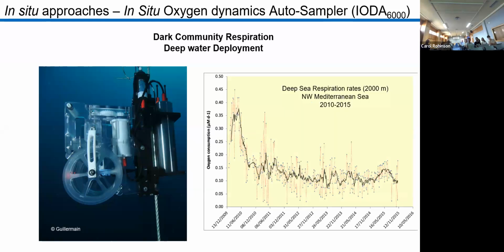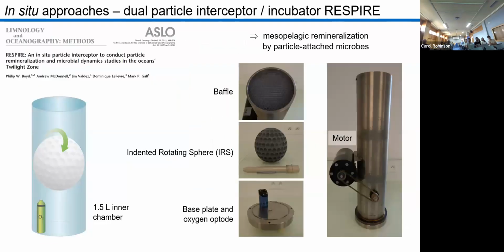And that's the illustration of the derived rate of oxygen consumption at 2,000 meters, working for 5 years. You can see there is variability, but it's pretty constant at about 0.12 micrograms of oxygen per day. That's the first time we were able to have a time series in deep water for the respiration rate, automatically, no titration. So that's a next generation tool.